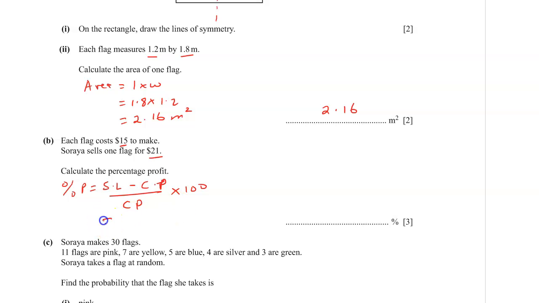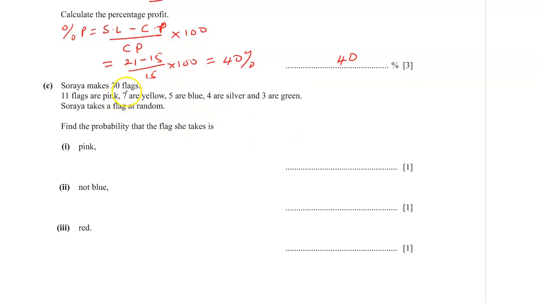So this will be 21 minus 15 upon 15 times 100. You do the calculation and get 40%. She gets a profit of 40%. Not bad.